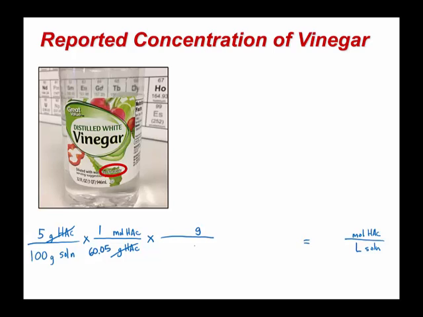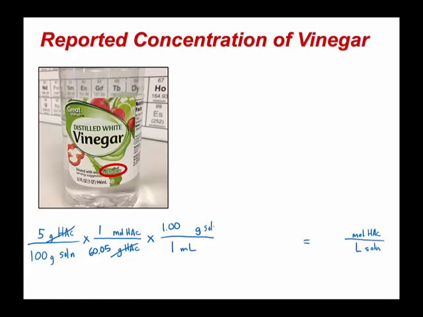Now, the density of water is always going to be 1 gram for every 1 milliliter. I say it's always going to be a gram per milliliter, but there are other conditions where you increase the temperature, you can change the density, but we're going to assume that this solution has a density about the same as water, which is 1 gram for every milliliter.